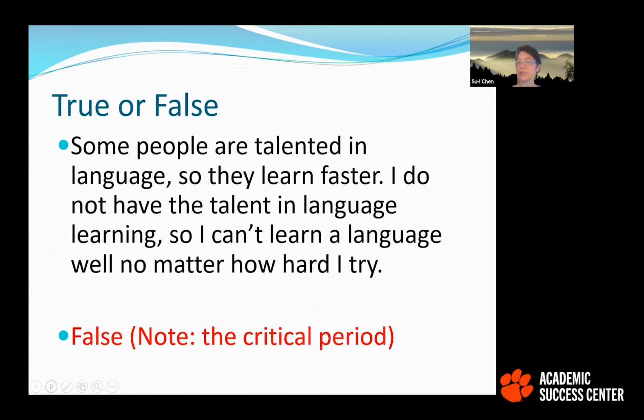During that critical period, you learn the language just like a native speaker. But how about after you pass the critical period, can you still learn the language? Of course. And I believe that you are the examples of this, right? You can learn the language in high school and still do an excellent job.